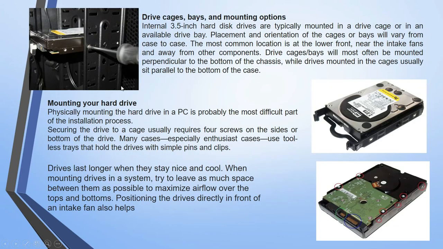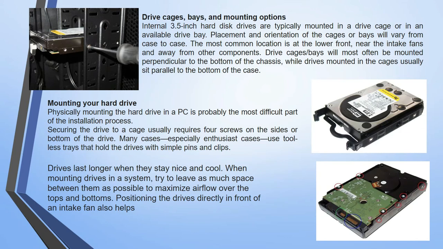Now, mounting your hard drive. So this is the hard disk. These are the ports. These are the screws. So how should you mount it? Physically mounting the hard drive in a PC is probably the most difficult part of the installation process. Securing the drive to a cage usually requires 4 screws on the sides or bottom of the drive.